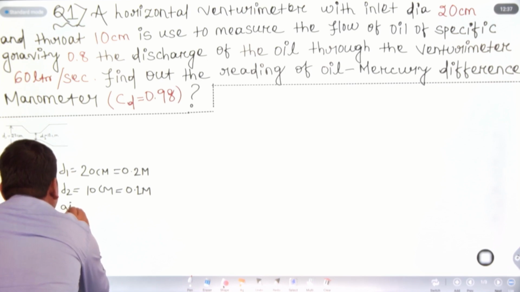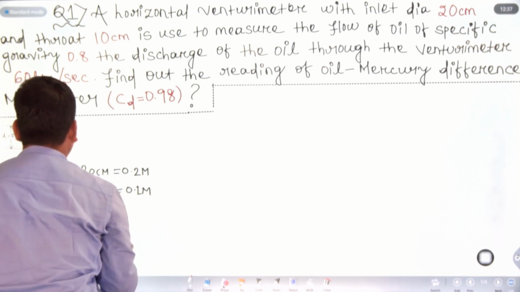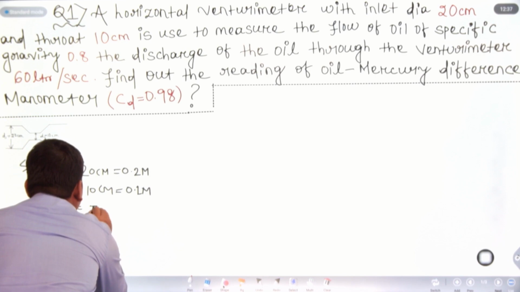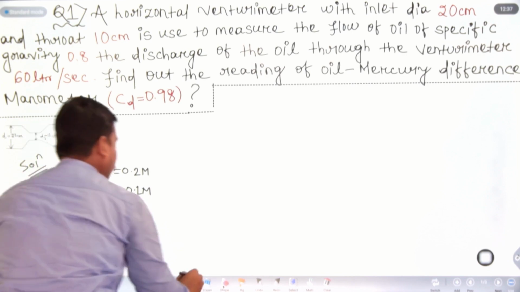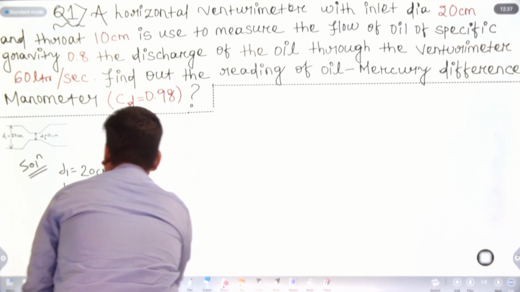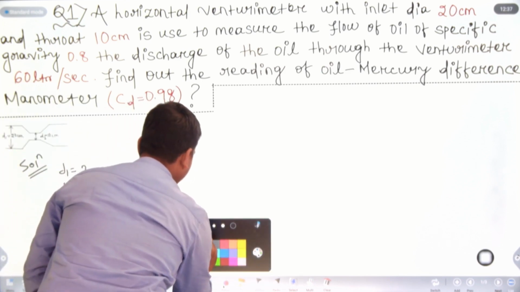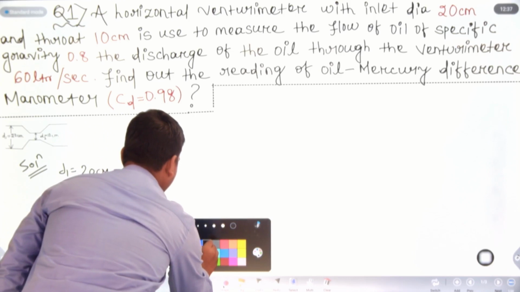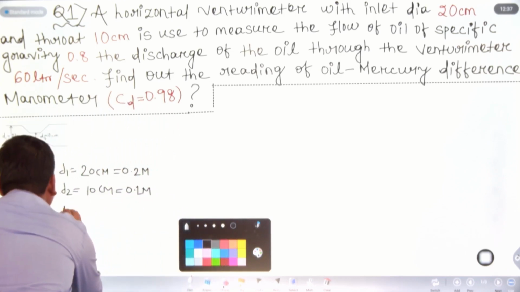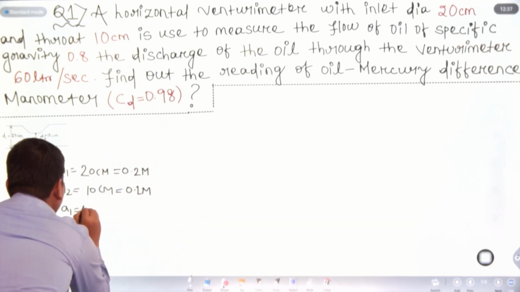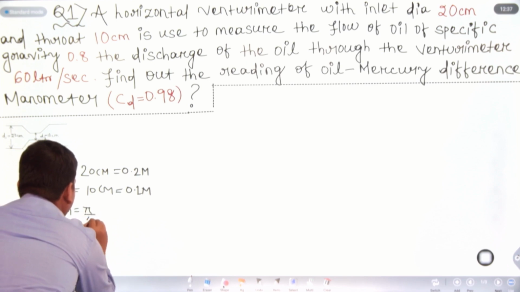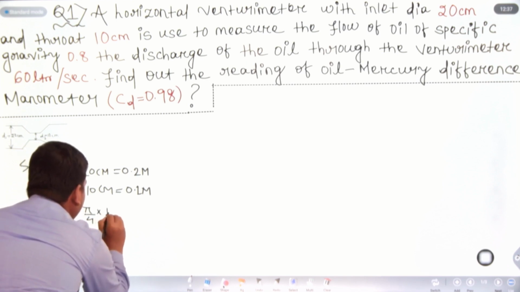Now we have to find first the value of A1. A1 is equal to pi by 4 D1 square.